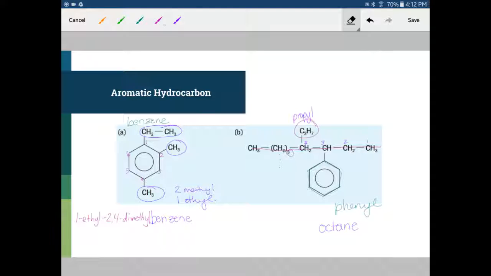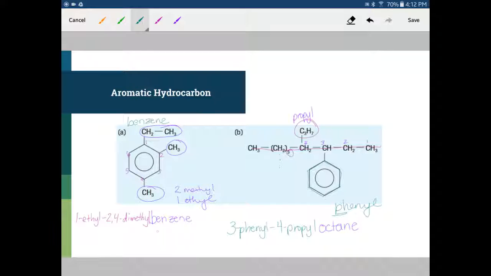So I have my groups, and I'll do my phenyl first because ph comes before pr. So I have 3 phenyl, or phenyl, however you like to pronounce that, 3 phenyl, 4 propyl, octane.